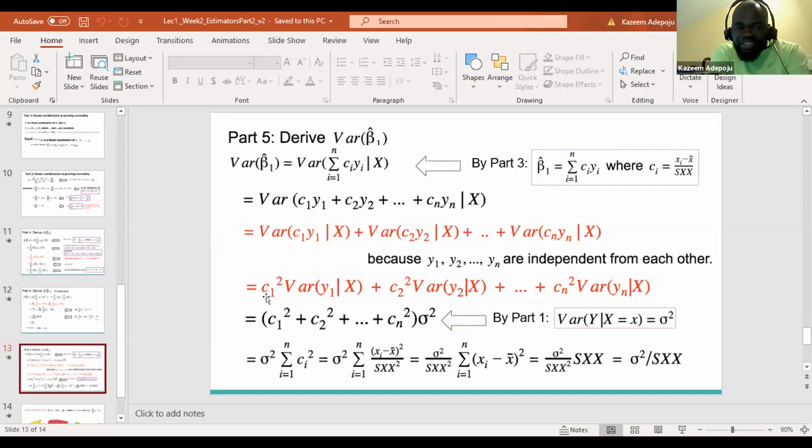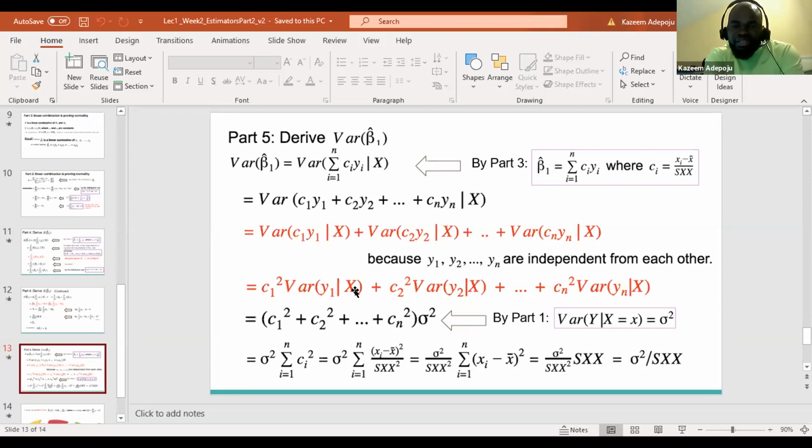So that's why you have a C1 squared, a C2 squared, up to Cn squared. If you have a variance of a constant with a variable, the law says the constant is going to come outside the variance and become a square. That is the only condition to bring a constant outside the variance.